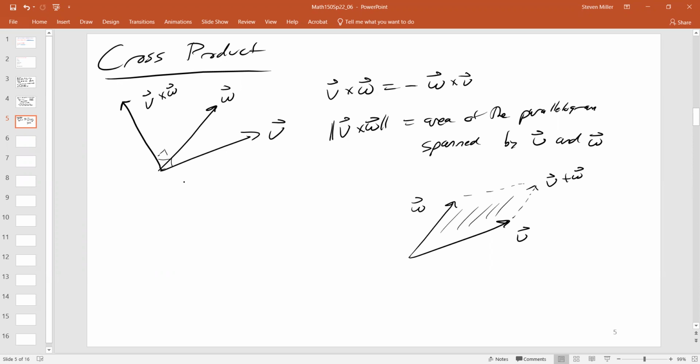And again, what we could do is play a game and say, let's start off with simple vectors. If I double V, what happens to the area? It doubles. If I triple V, what happens to the area? Triples. Okay, so I might as well assume V has what length? 1.